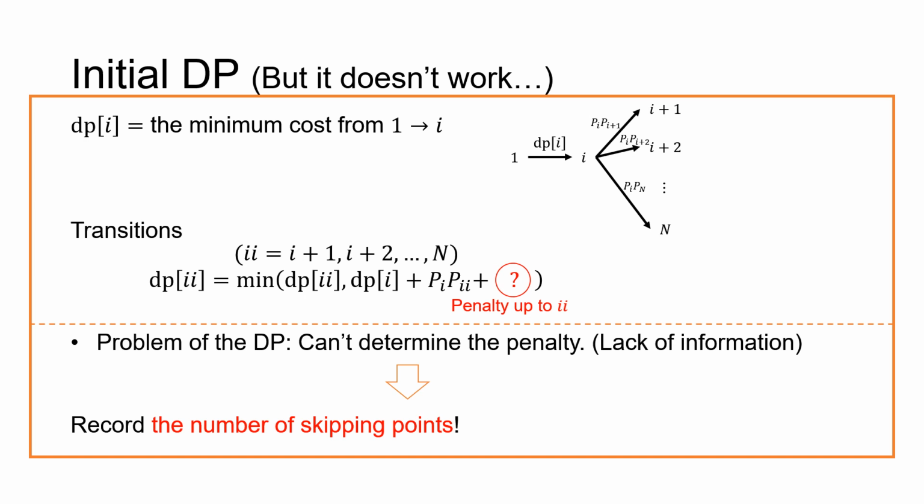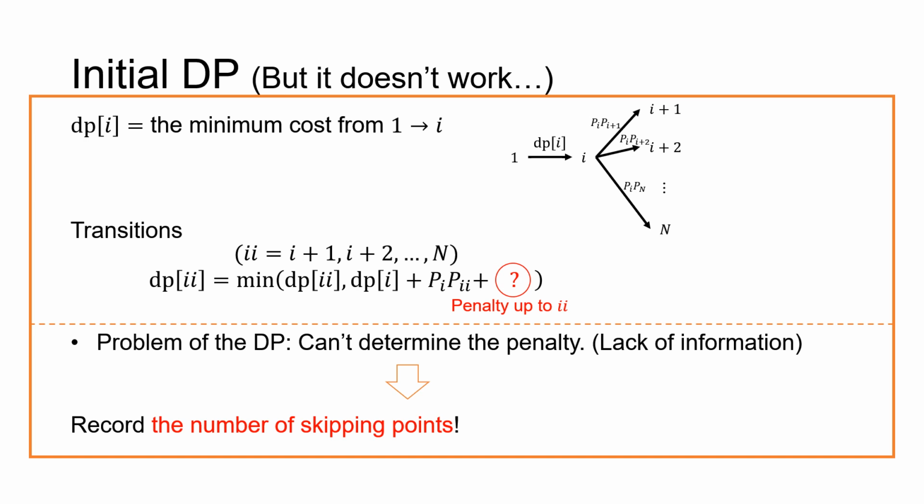The transition from dp of i to dp of ii is given by dp of i plus the distance from i to ii plus the penalty up to ii. However, here is a problem. We can't determine the penalty value because we don't know how many points we have skipped before reaching i, but we can calculate it if we know the information.